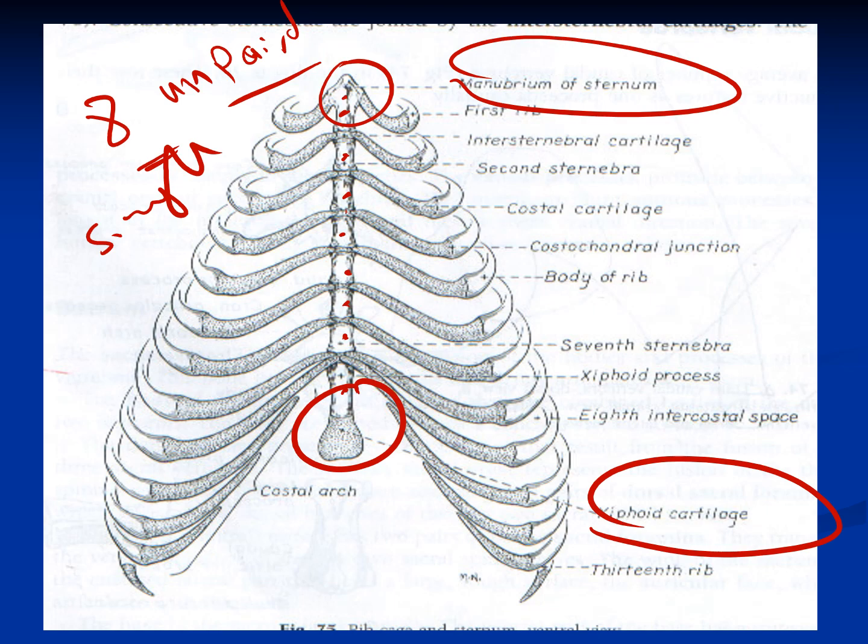Each of these bones is separated from the adjacent bone by a cartilage. See this cartilage here? We call it the intersternebral cartilage. Each of these bones is called a sternebra, and the first is the manubrium and the last is the xiphoid.